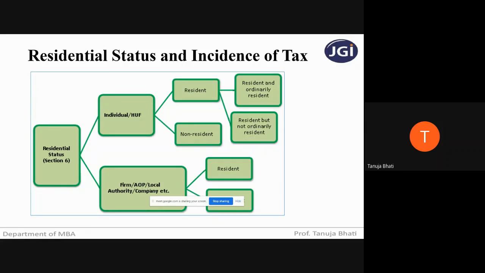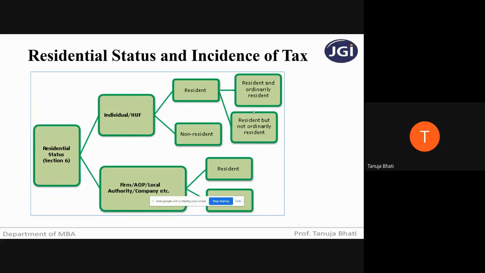And if it is a firm, AOP, local authority, company, etc., it is divided only into 2 parts, resident or non-resident. So only if it is an individual or HUF, then it is divided into resident and non-resident. And if it is a resident, it is further classified into 2 categories: either he is a resident and ordinarily resident, or he is a resident but not ordinarily resident.